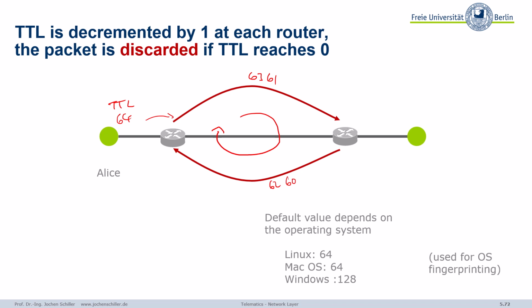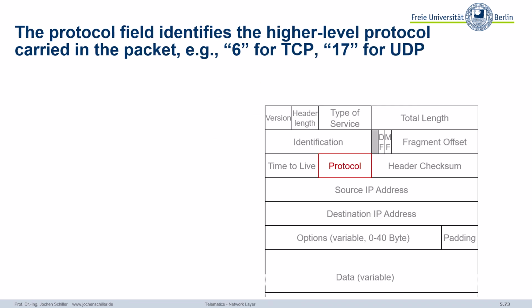And if we reach 0, we drop the packet and send back an error message. So that's the idea: no packets that loop forever. What else do we have? We have a protocol field that tells us what protocol is used in the data.